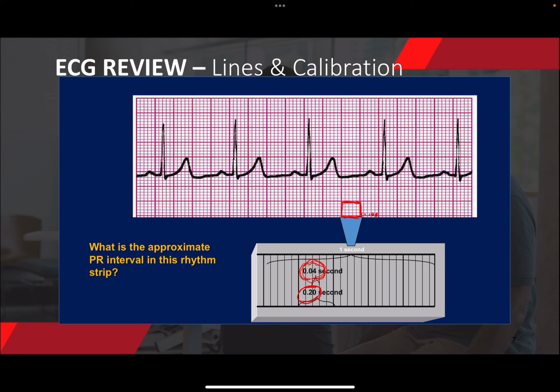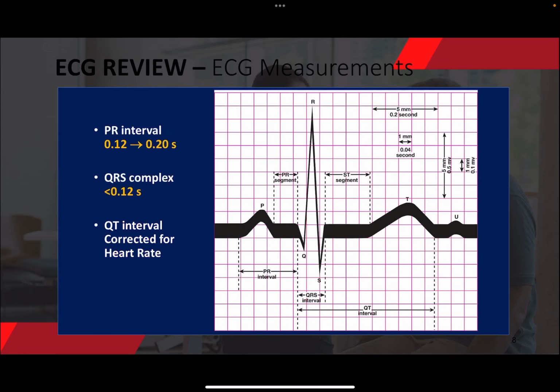All right, so you would know this here. This is the P, this is the Q, R, S, and then this is T. Your PR segment is within one box. So that means it is normal.